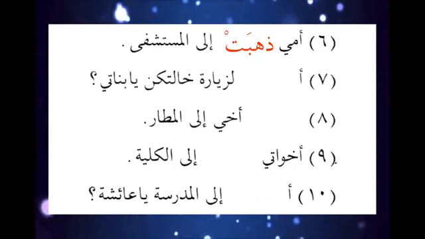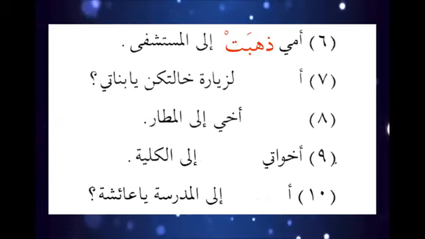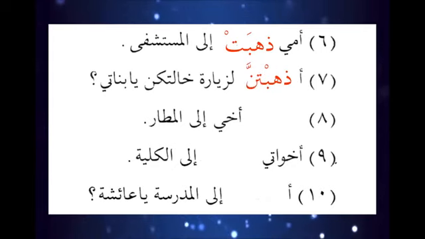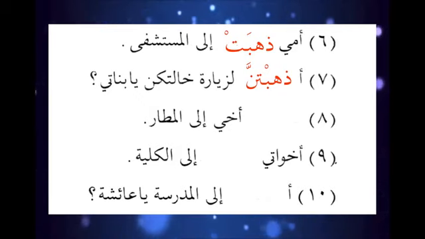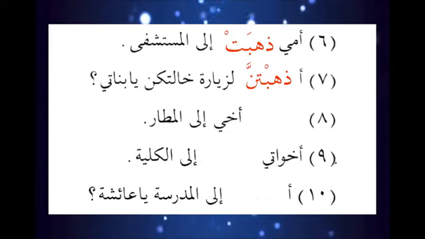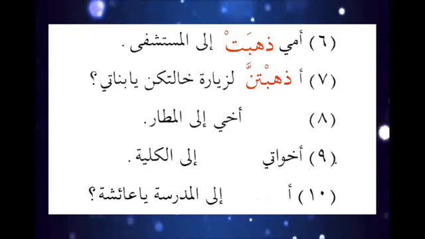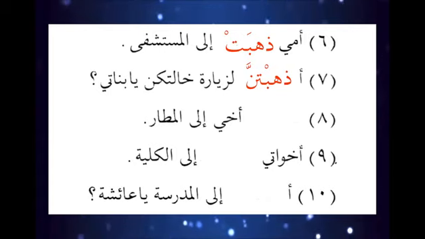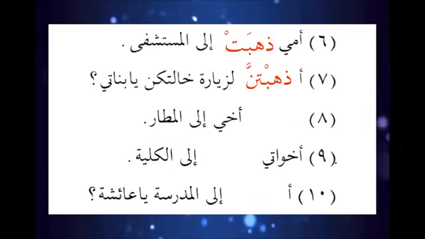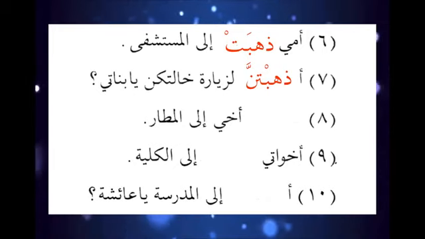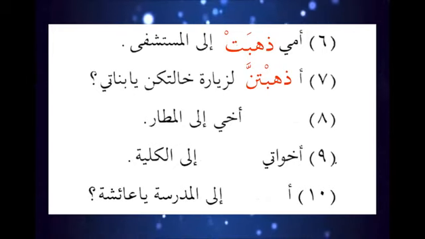Because banati is plural feminine, we say dhahabtunna. ذهبتن لزيارة خالاتكن. خالاتكن is مضاف إليه ضمير متصل. So كاكما كم كيكما كنا. يا بناتي, did you all go to visit your aunts?